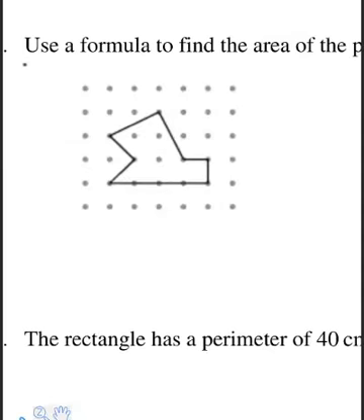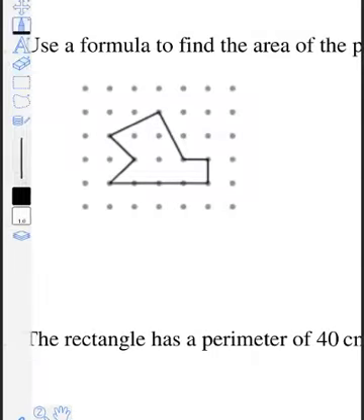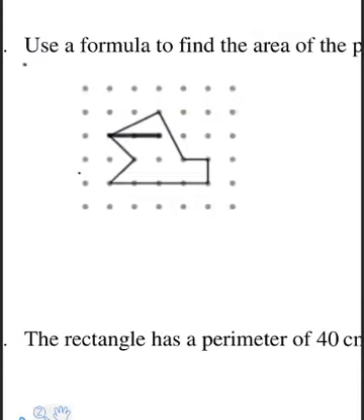So I'm thinking, let's see, we've got a triangle, another triangle, could do this trapezoid here and this trapezoid there. So looks like we got 1, 2, 3, 4 different shapes there. 2 trapezoids, 2 triangles.